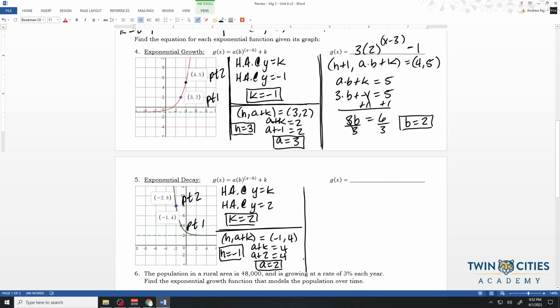Now my second reference point I have to be careful with. Because this is decay, this is no longer (h plus 1, a times b plus k). This will be (h minus 1, a divided by b plus k). So this is actually at (-2, 8).